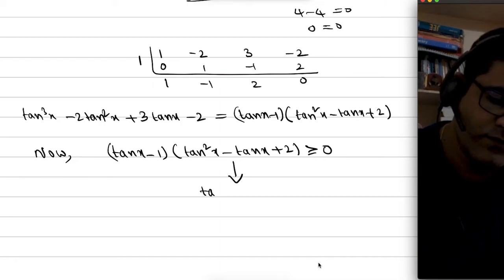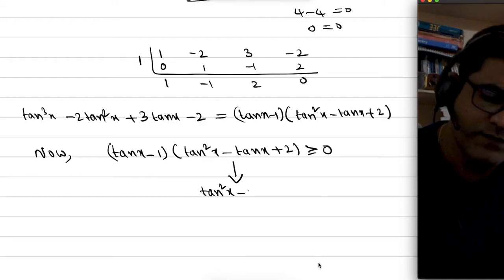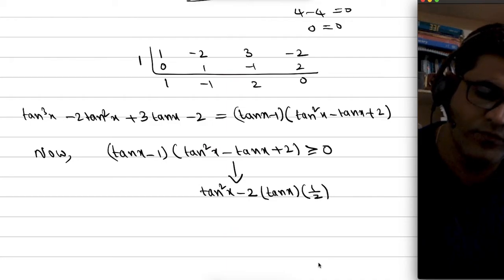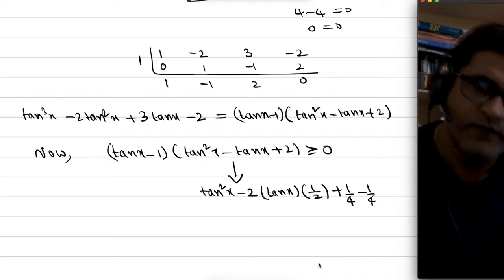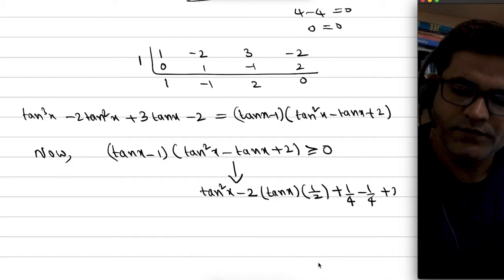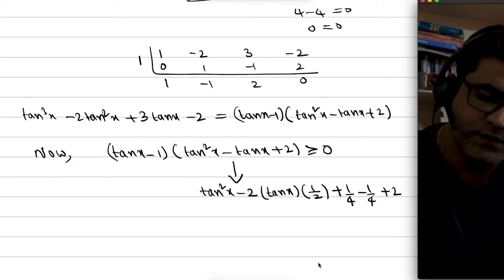So, this is tan square x minus, I will write this tan x as multiply and divide by 2, then it becomes 2 times tan x into 1 by 2. Now, we have written this in the form of a square minus 2ab. We need b square to make it a perfect square. That's why add and subtract 1 by 4. Already 2 is there. So this is the second bracket.